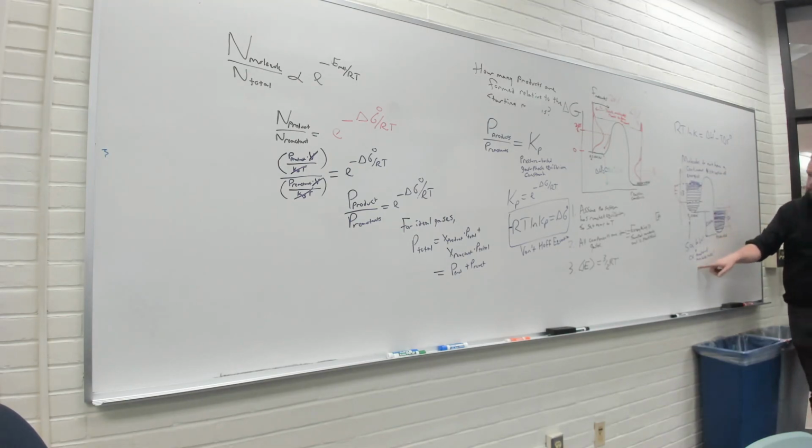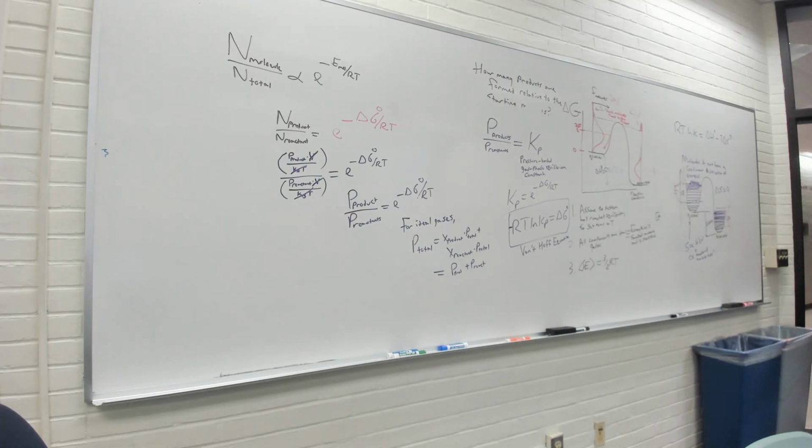Entropy is proportional to the number of these available states, so going from 13 to 50 means that delta S is greater than 0. You can also think of this as going from a liquid or single molecule of gas to 2 molecules of gas. We've gone from an ordered system to a more disordered system, so delta S is also greater than 0.